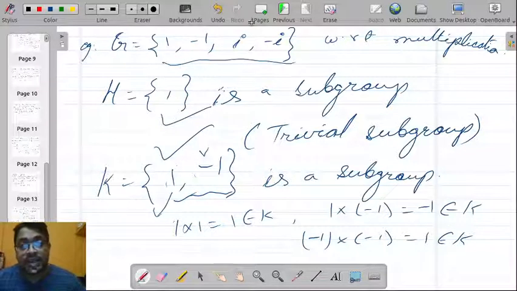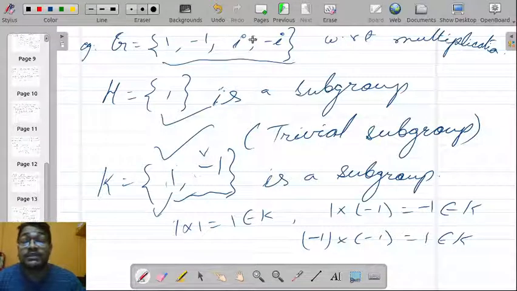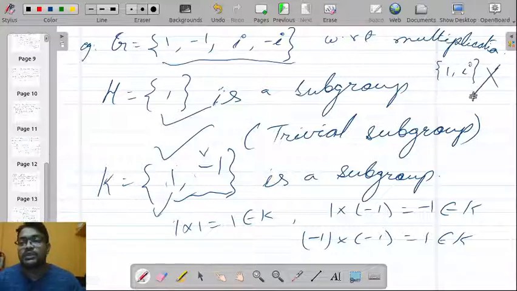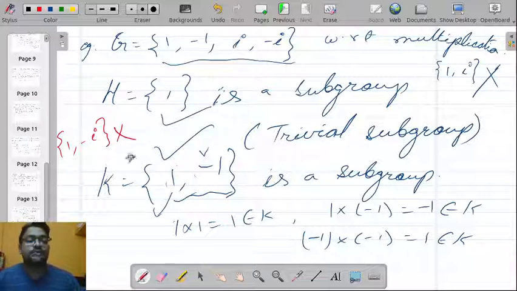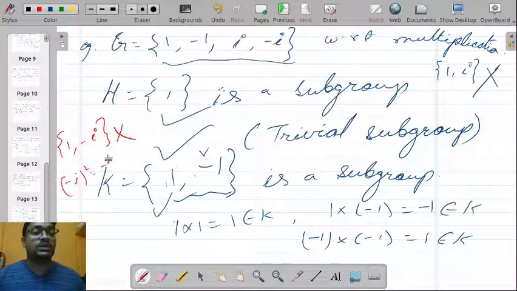But you see the set {1, i} is not a subgroup, because i into i is i squared, which is -1, which is outside. Similarly {1, -i} is also not a subgroup, because (-i) whole squared is -1, which is not inside this particular set.